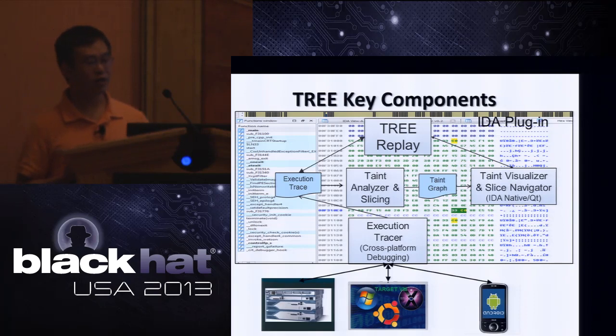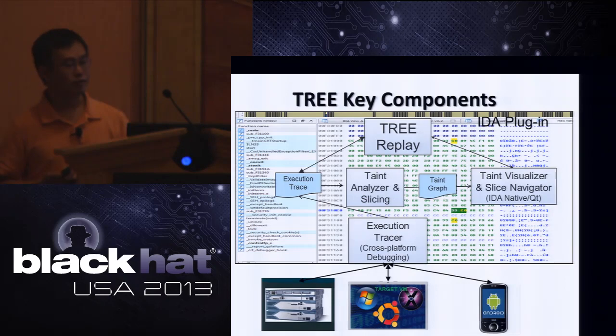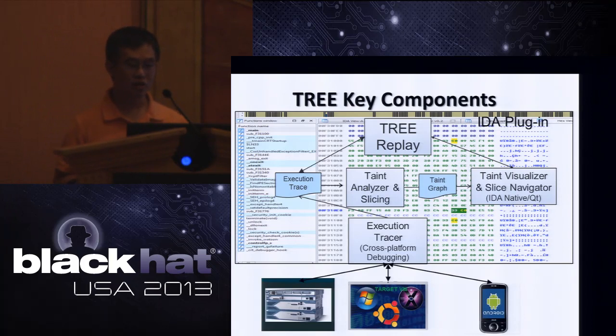The Taint analyzer processes the trace collected from the tracer, then generates the Taint graph that describes the key facts of the data and instructions involved. And the Taint visualizer visualizes this information and lets you interact with the other parts of the system.